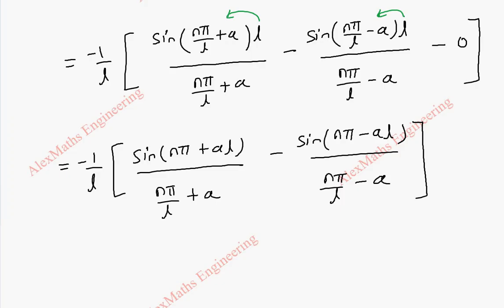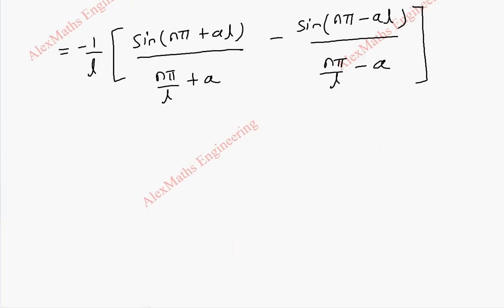Now we are going to expand this. When I expand using the sin (x plus y) formula, this is sin x cos y plus cos x sin y. So this is like x, this is like y.